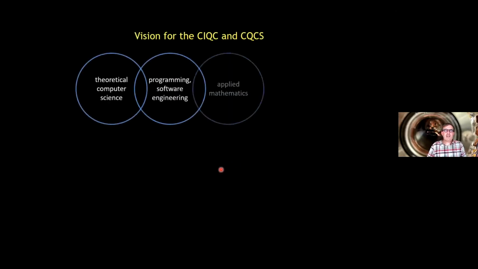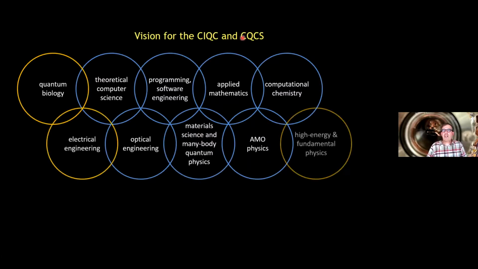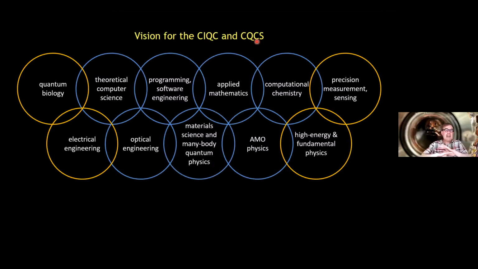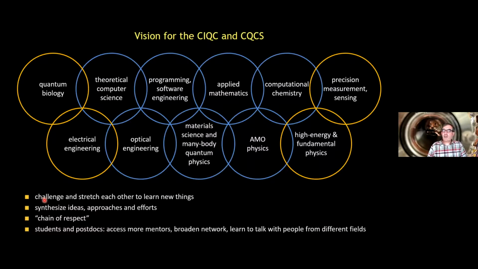I want to just finish with this slide. The Challenge Institute for Quantum Computing brings together scientists from a wide range of disciplines. The Center for Quantum Coherent Science, which is sort of the Berkeley Quantum Initiative, is meant to be even more expansive and to bring in, at least at Berkeley, everybody who thinks h-bar isn't 0. And with this wide range of expertise, what we should do is talk to each other a lot.